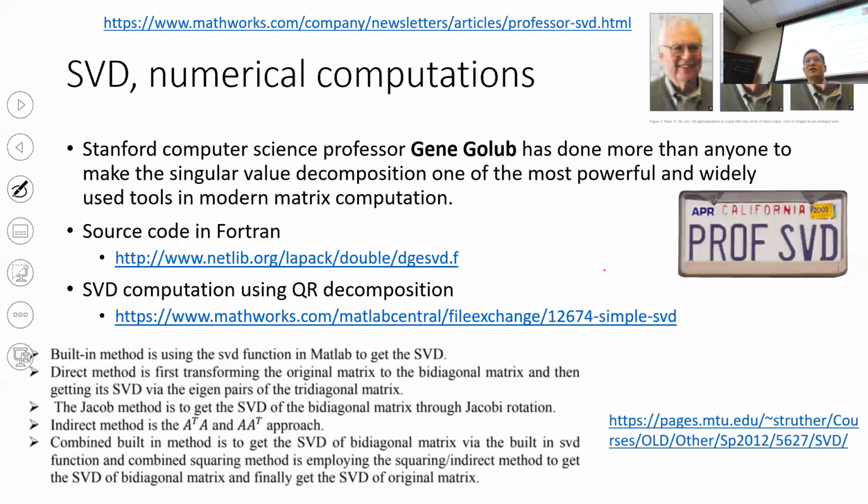So how exactly is this computed internally? We just showed we can use a built-in function to do this. Because this is so basic, we know how we can use it, but how is it computed internally? Most of the contribution came from the Stanford computer science professor Gene Golub, who has done a lot of work. The source code is written in Fortran.